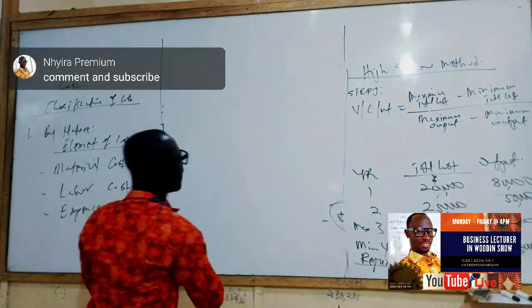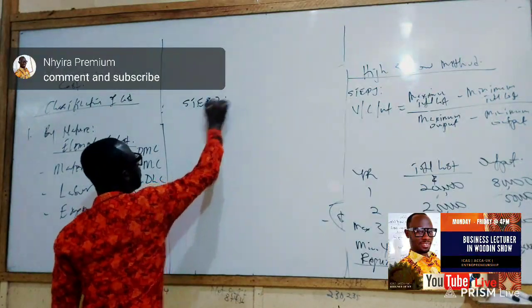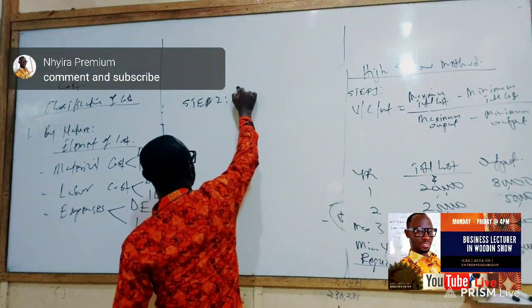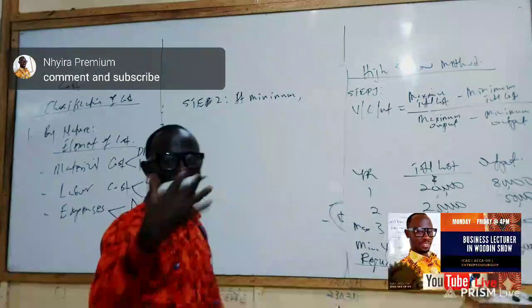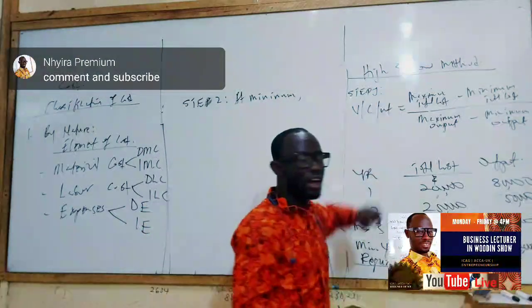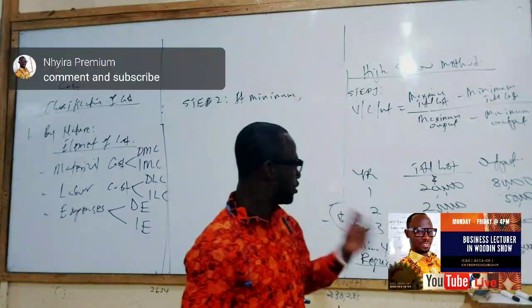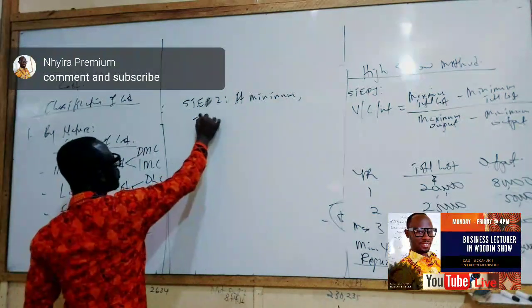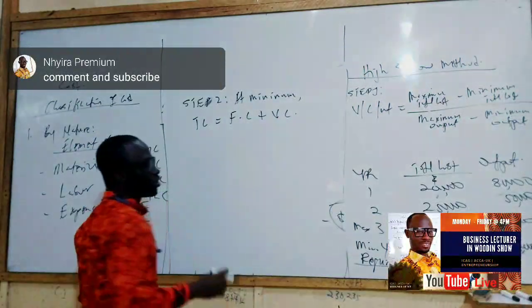So if we calculate the variable cost per unit, that is step 1. Step 2, we say that at minimum, we will calculate the fixed cost. So after you use the high and low method to get the variable cost per unit, you say at minimum. Now at minimum, you know that total cost equals the fixed cost plus variable cost.